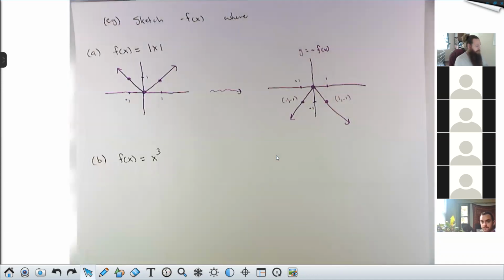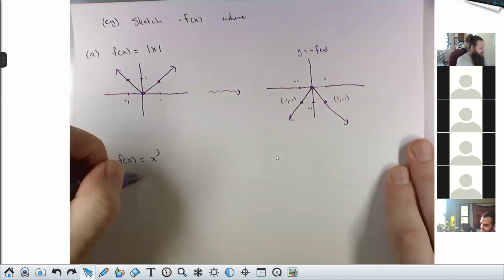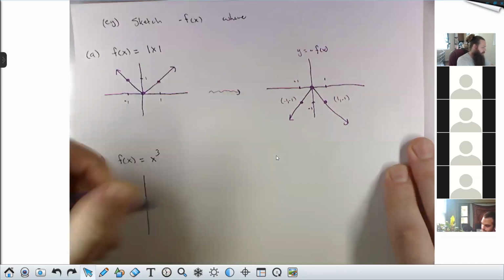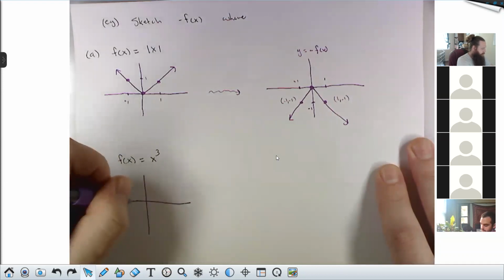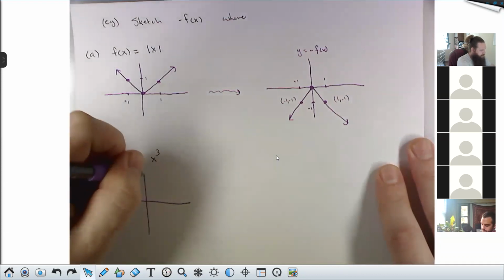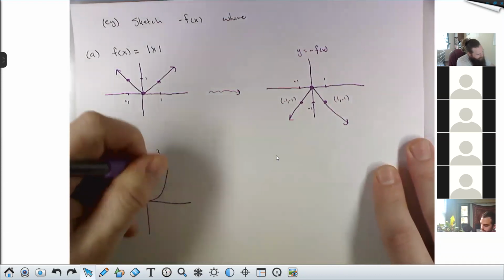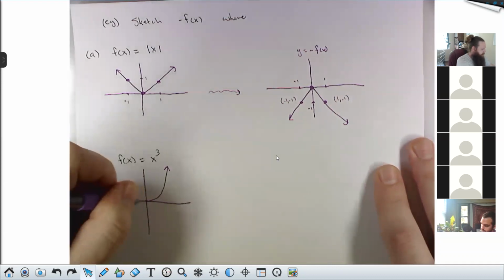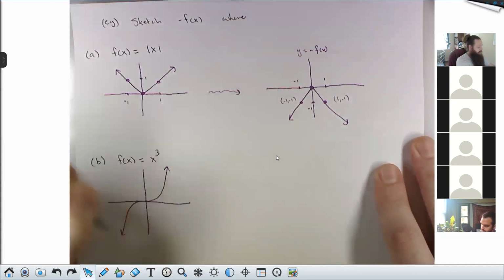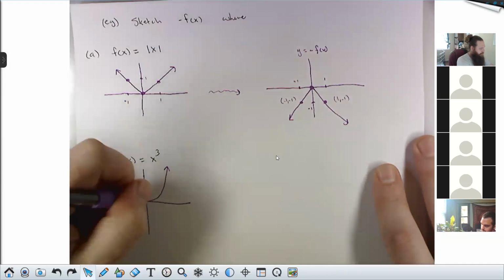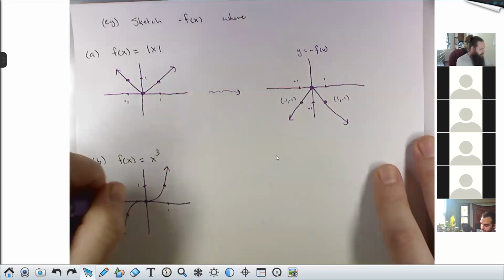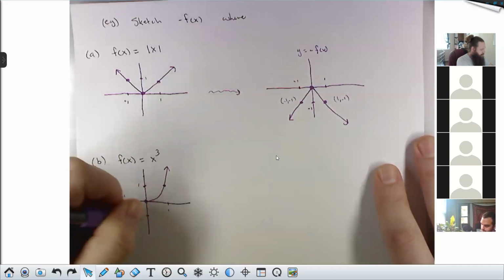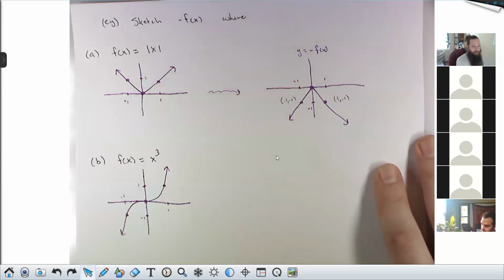x cubed, this is going to be the fun one to look at here. Again, that parent function, we know. Oh, just cannot draw today. x cubed on its own looks something like this. 0, 1, negative 1 on the graph.